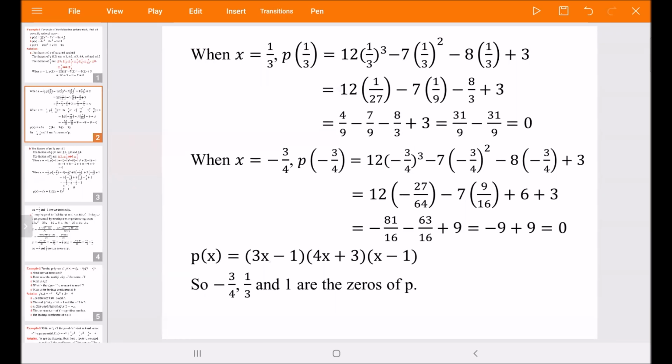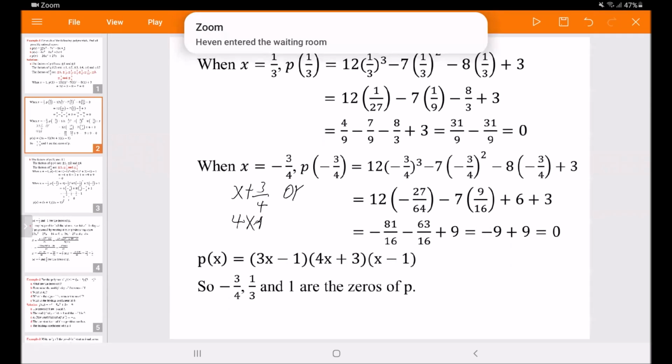Because by the factor theorem, if x is equal to minus 3 over 4 is a zero of this polynomial, then x plus 3 over 4, or 4x plus 3, is a factor of this polynomial.